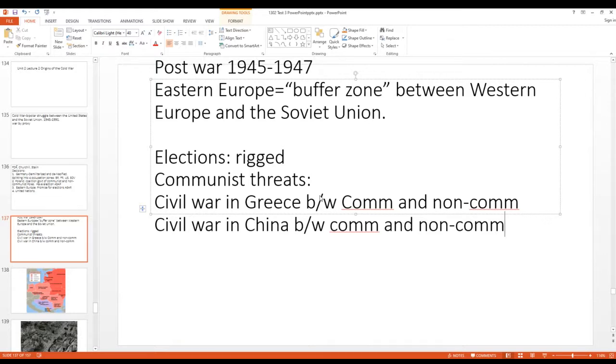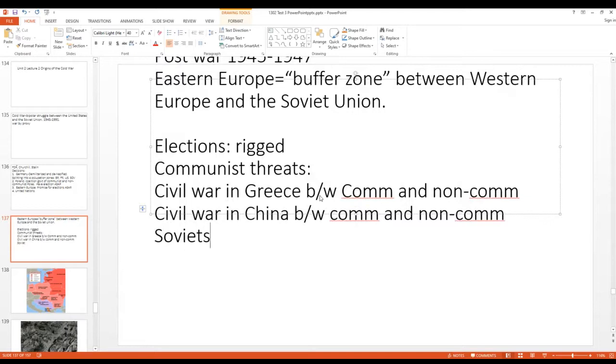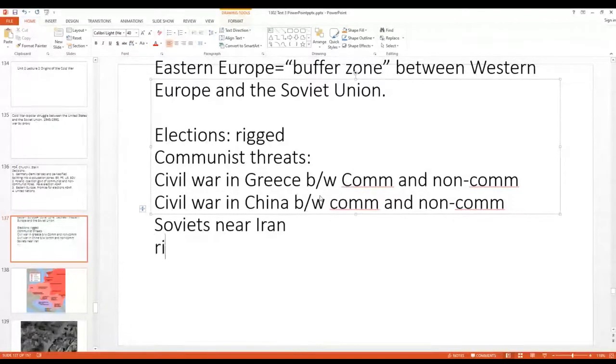We already talked about what's going on in Eastern Europe and in Poland with the elections. The Soviets were getting very close to Iran, an important source of oil. And then finally, I'll go ahead and put the rigged elections on here.